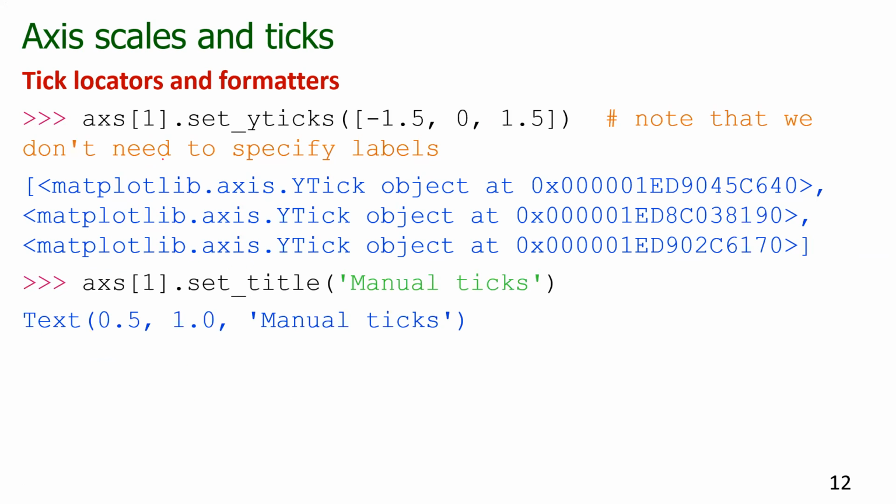Then similarly yticks, axs 1 dot set_yticks minus 1.5, 0, 1.5. Here you can see, no need to specify the labels here. Then axs 1 dot set_title, manual ticks for our understanding purpose. We made this manual ticks with this data 0.5, 1.